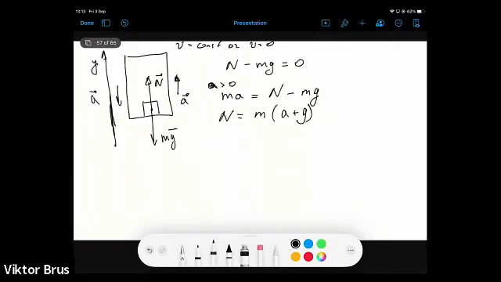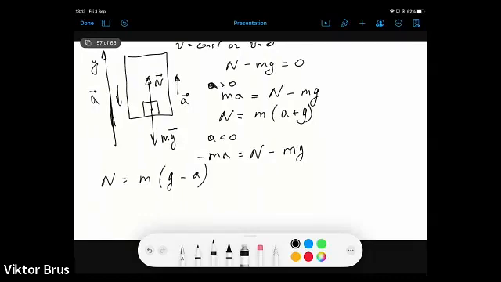So now we consider negative A, and this will be minus MA is equal to N minus MG. After rearrangement, we will get that N is equal to M times (G minus A).